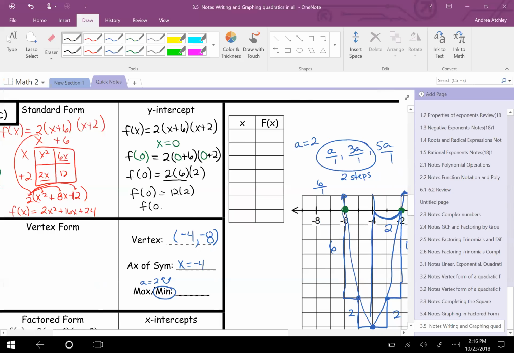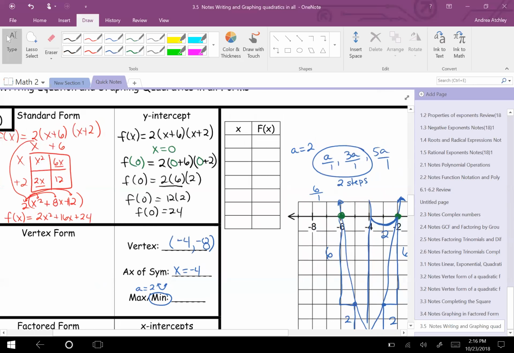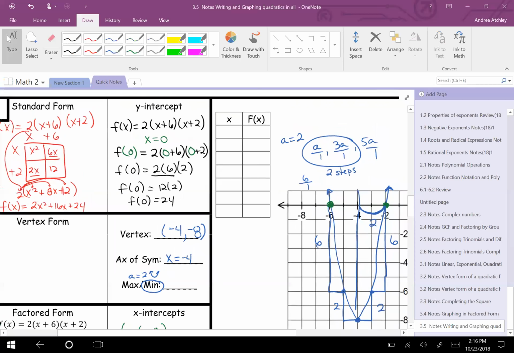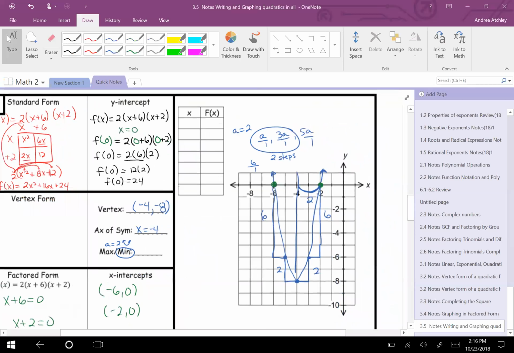So f of 0 is 24. So when x is 0, y is 24. Any questions over that?